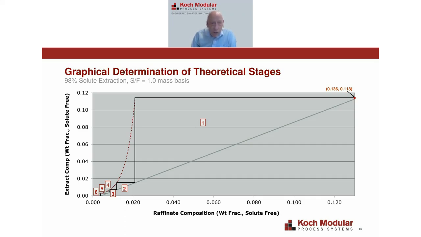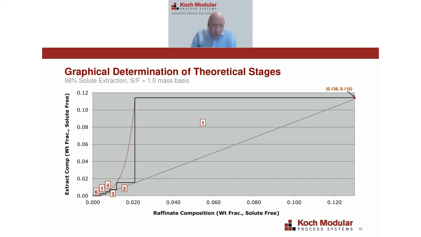So once you have this, let's say you want to calculate for 98% solute extraction in a column at a solvent to feed ratio of 1 on a mass basis, how many stages are going to be required in your column? Well, you know your feed concentration, that's a given. If 98% is going to extract, you can, by material balance, calculate your extract concentration.